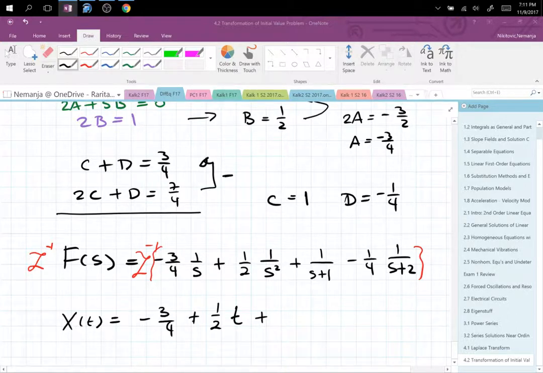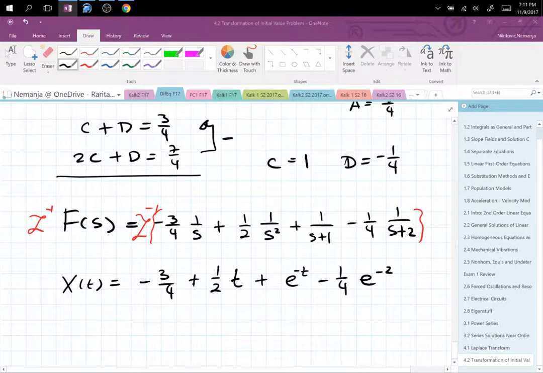Plus 1 over s plus 1 is e to the... no, it's e to the negative t, because it's a plus over here. And then minus 1/4 e to the negative 2t.